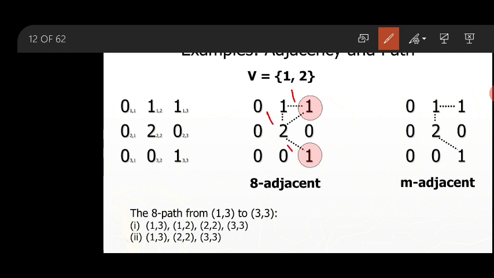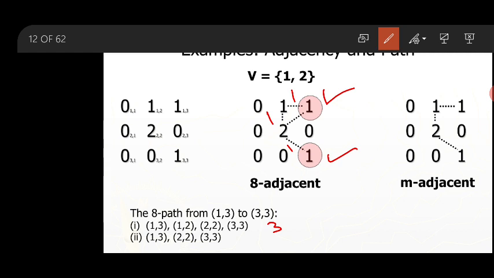So what is the total length required to reach from this pixel to this pixel? It will be 3. Just a simple concept: the distance between adjacent pixels will be 1.